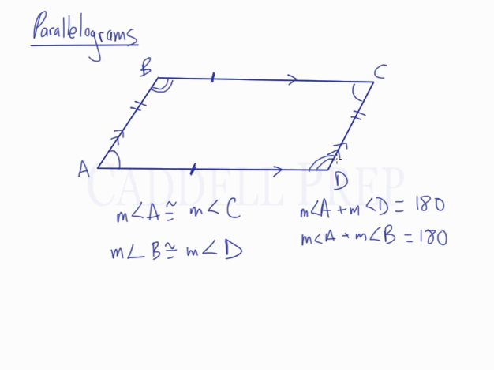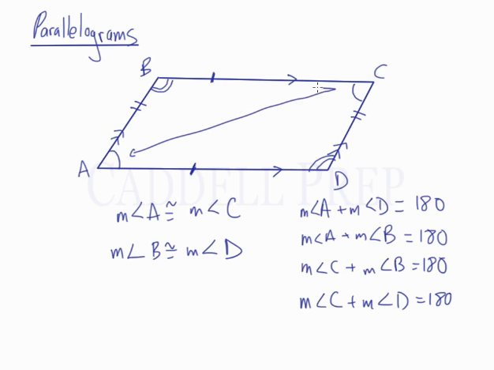And we can do the measure of angle C plus the measure of angle B is 180, and the measure of angle C plus the measure of angle D is 180. So if they're across from each other, they're congruent. And if they're next to each other, they add up to 180.